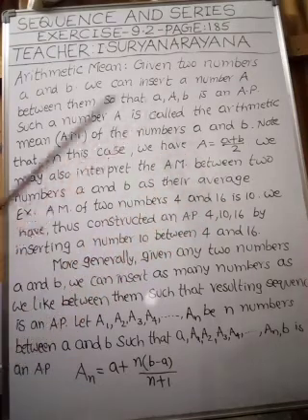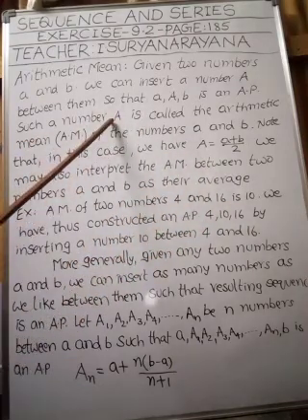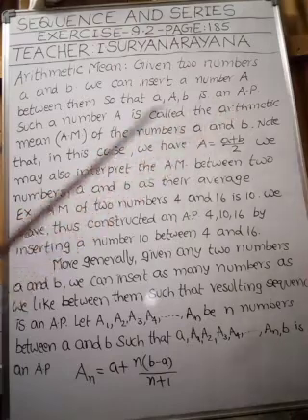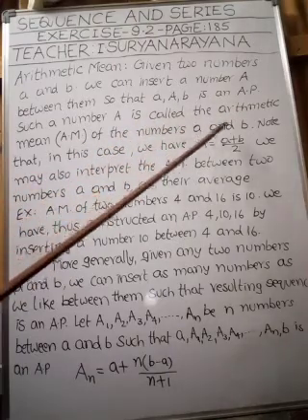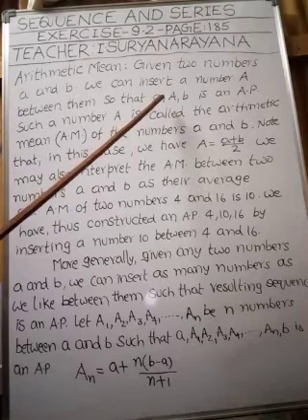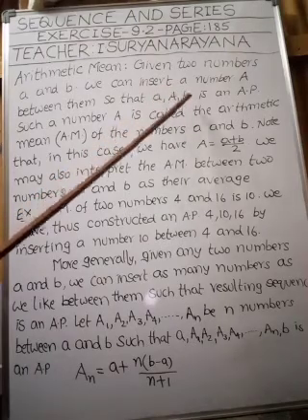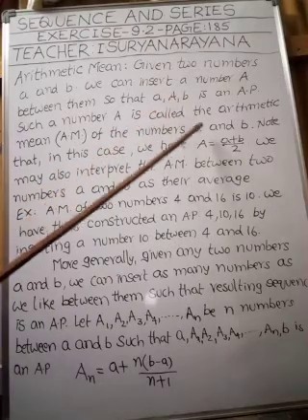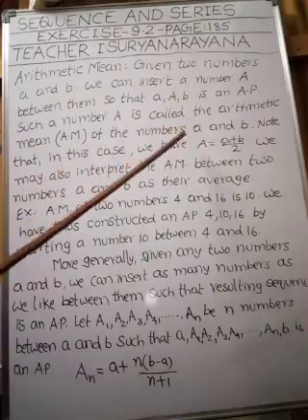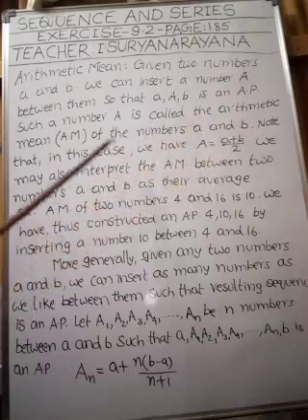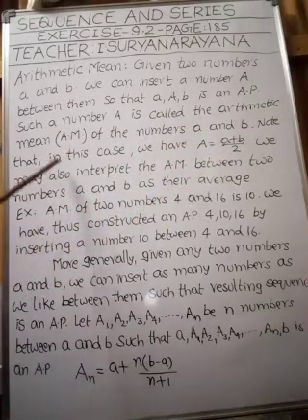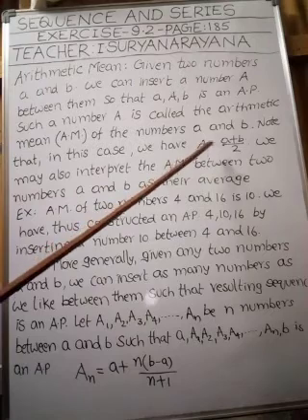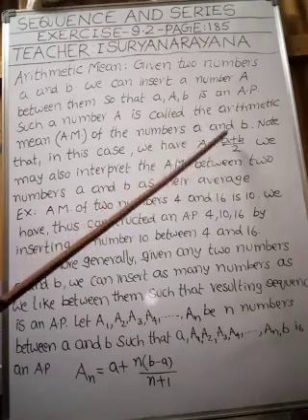Such a number capital A is called the arithmetic mean of the numbers a and b. Here we inserted a number A between these two given numbers. Note that in this case we have A is equal to a plus b by 2. This is the formula.